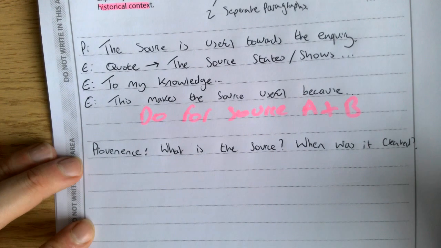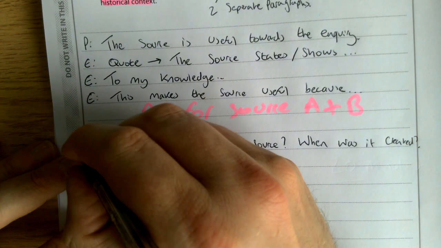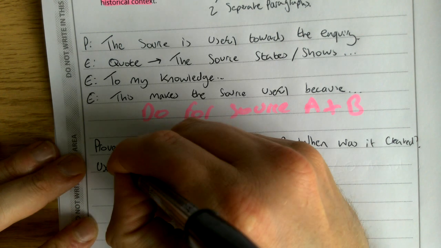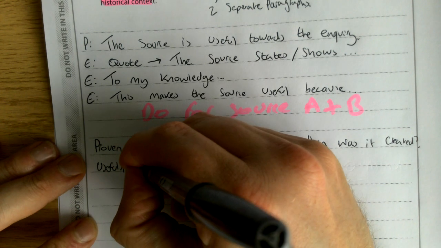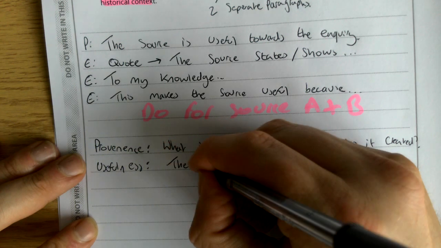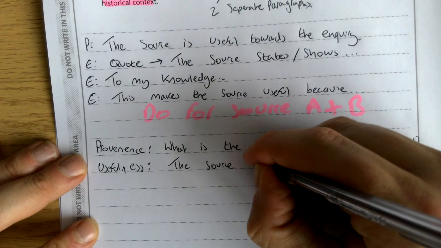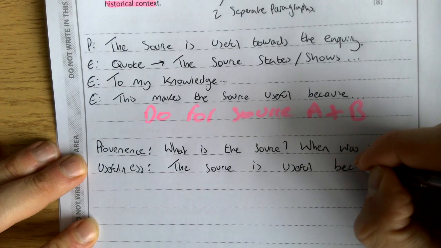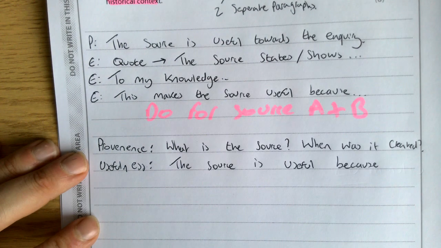Okay, if you follow that pattern, again, you get your marks. And you then tell me usefulness. The source is useful because, and then you link that to what you speak about here.